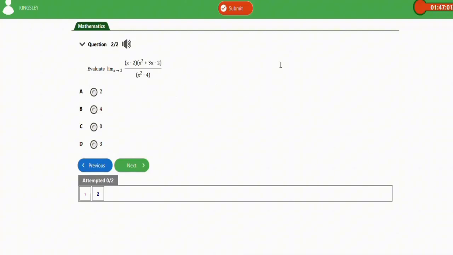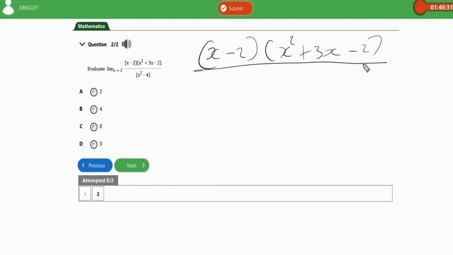So to solve this, we are still going to factorize to make the work easy for us. So let's factorize what we have at the denominator so that we can get common factors to cancel what we have at the numerator. So this will give us x minus 2 in bracket x squared plus 3x minus 2, over, when we factorize the denominator, this is a difference of two squares.